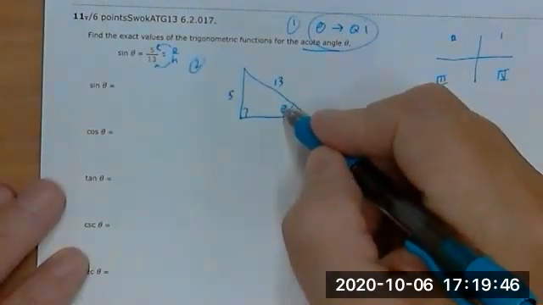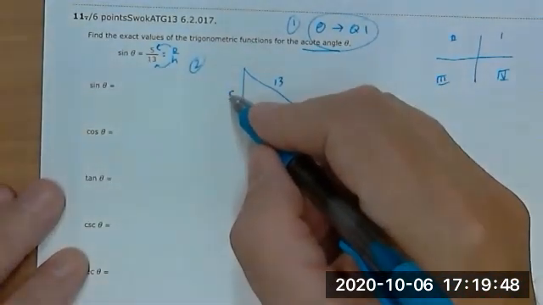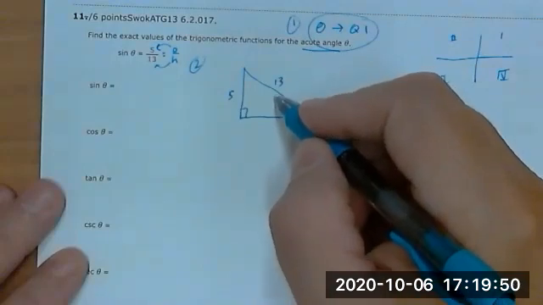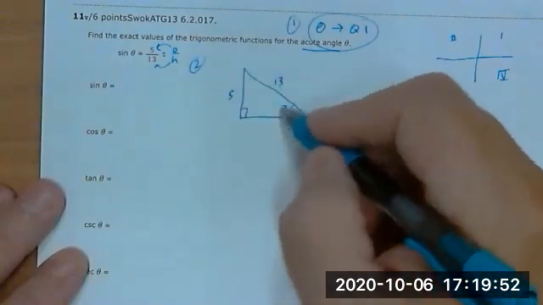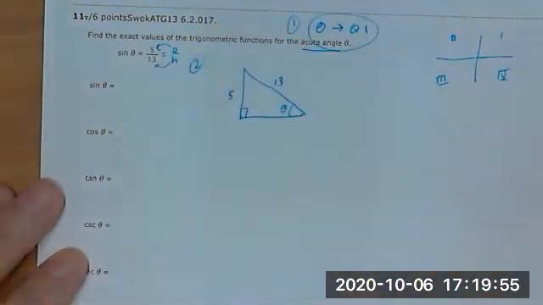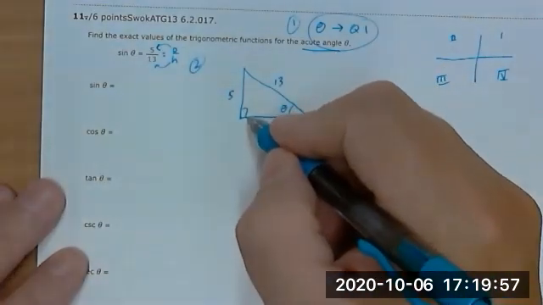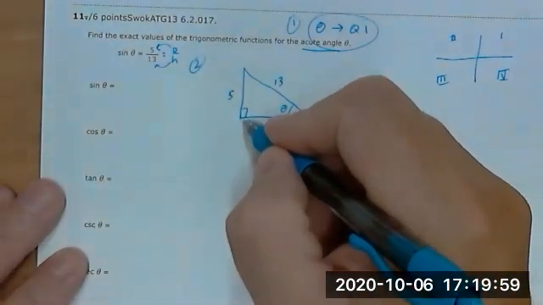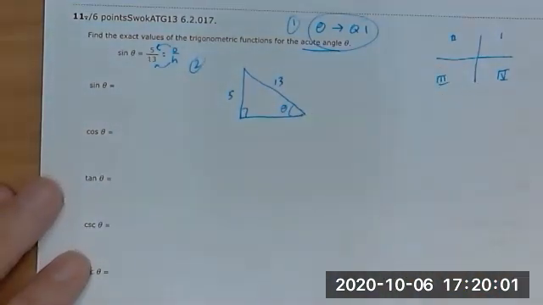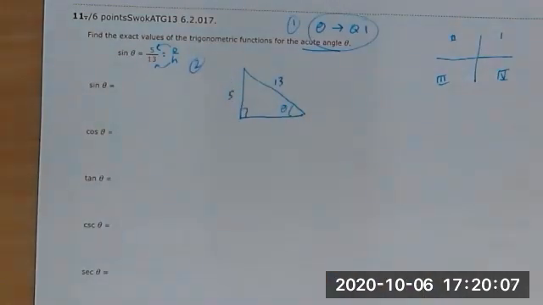Because if I say, what's the sine of theta? The sine is 5 over 13. So this triangle sort of represents this trig function. What I'm going to do is now I'm going to use the Pythagorean formula to find the length of this third side. And once I know the 3 sides of the triangle, I can get all my trig functions.